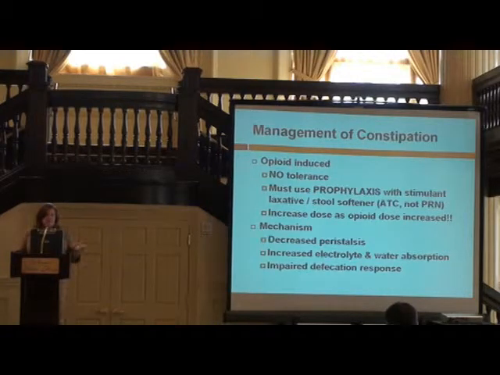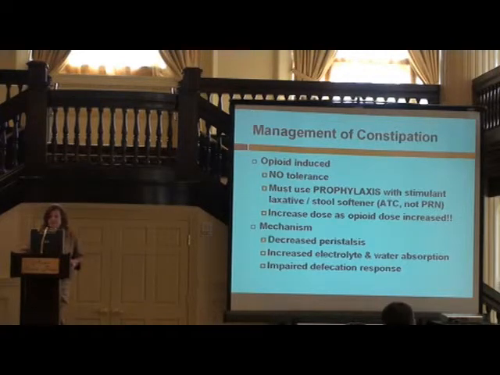I mentioned this morning that often we just see patients on stool softeners. You need to make sure you have the combination. One of the things that often gets forgotten: as your opioid dose goes up, your bowel regimen needs to be adjusted as well. And we'll see some very aggressive titrations in hospice quite frequently with bowel regimens.